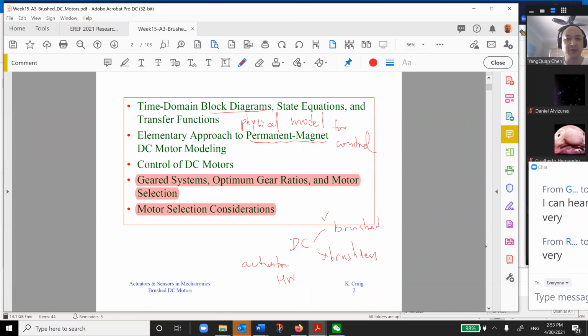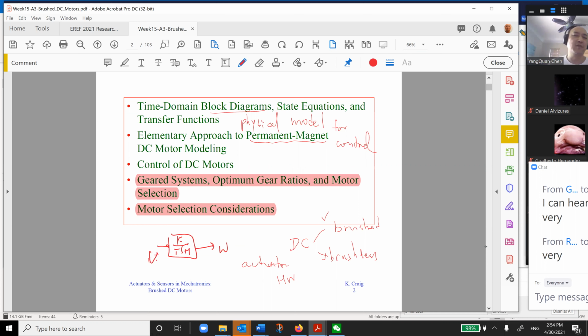We talked about block diagrams, transfer functions. I think it's enough that you know you have a voltage, then you have omega. So this is a DC motor, and you have a first order system in here.